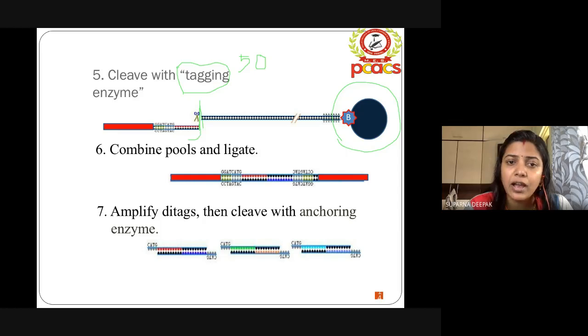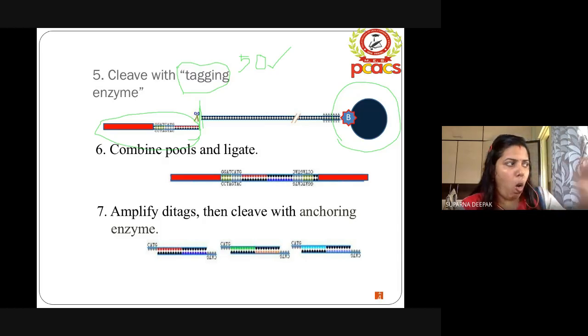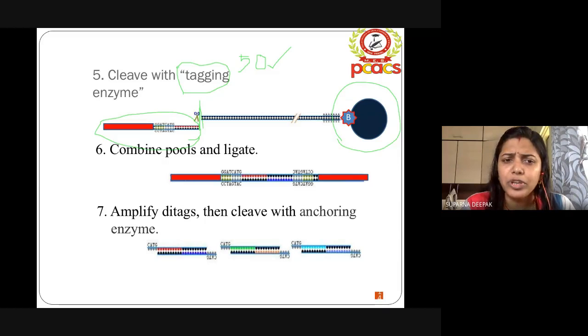So if I get one such molecule which is bound to a linker, and if I have 50 different molecules of mRNA, I will get, just as an arbitrary number, please understand, 50 different such molecules.